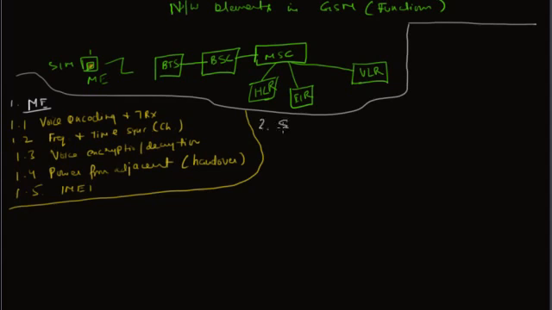Number 2, subscriber identity module. Okay, this is a portable smart card with a little memory. This is 2.1.